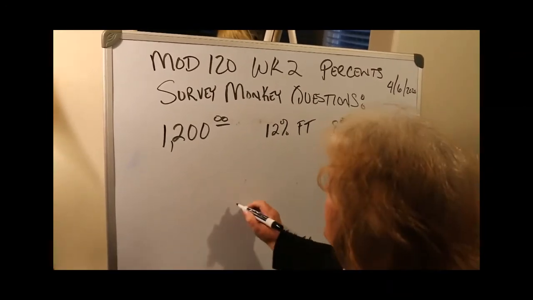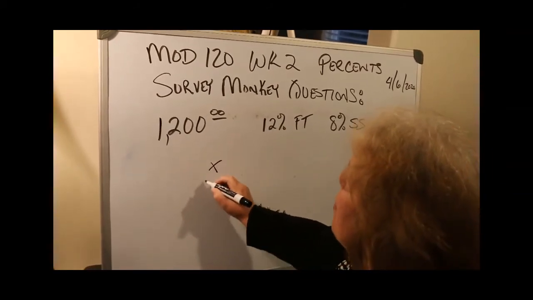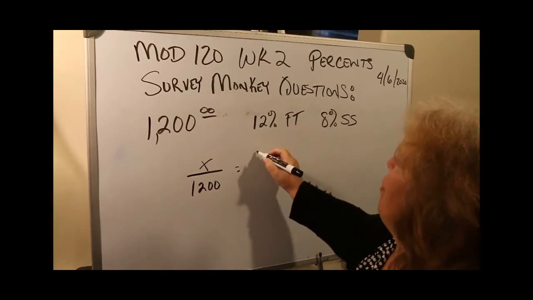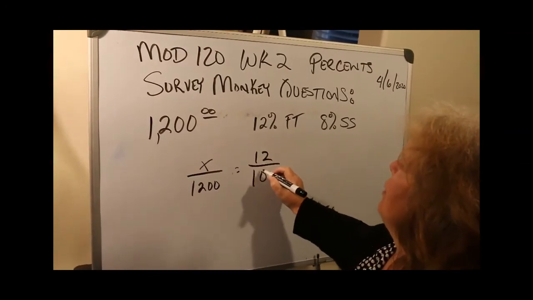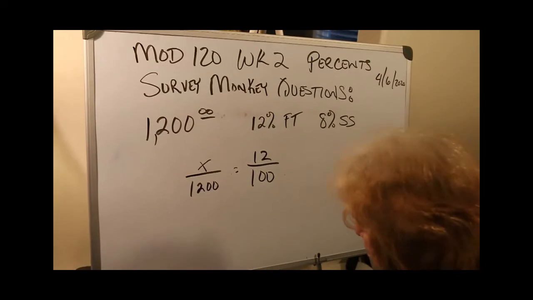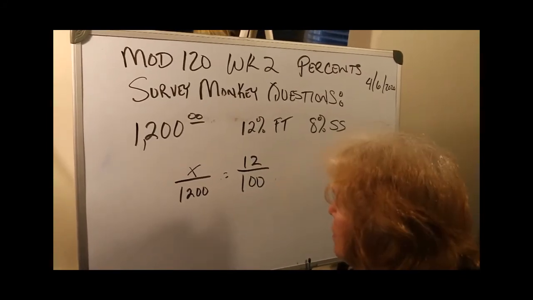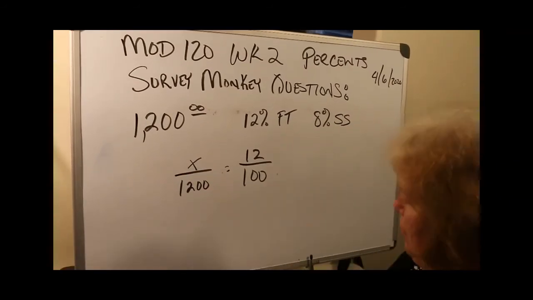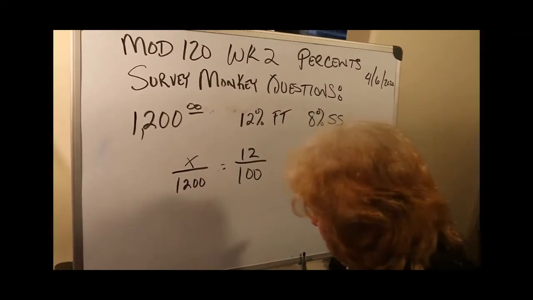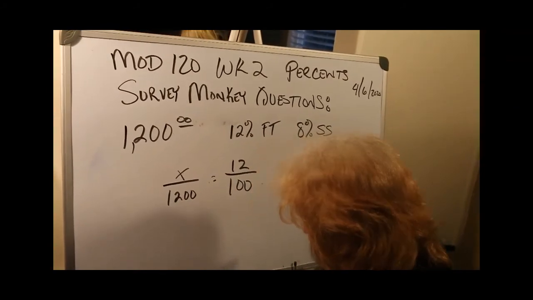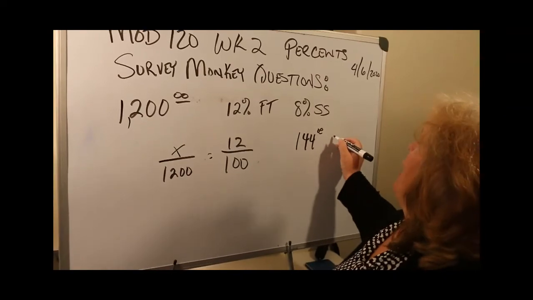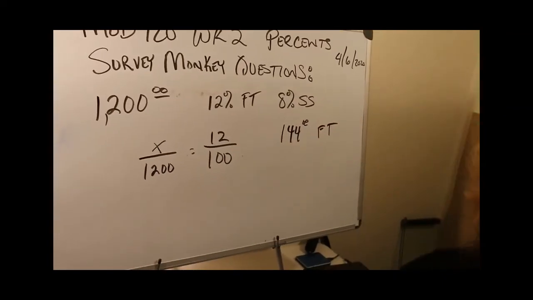So $1,200 is the whole, and we're missing the part. 1,200 equals, let's do the 12% first, 12 over 100. Cross multiply, 1,200 times 12 equals 14,400, and then divide by 100. So $144 he's going to pay in federal tax, because that's 12% of 1,200.